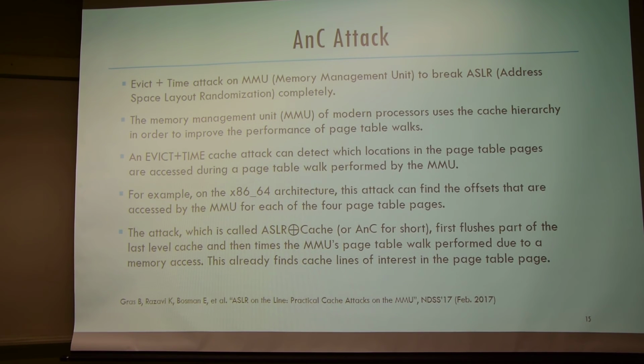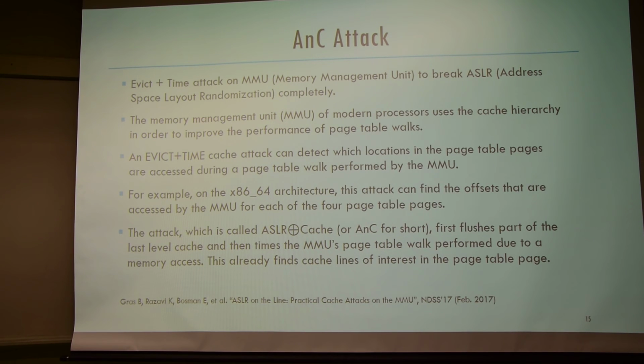Do you still remember address space layout randomization? Vaguely. It means that it randomizes the address translation from virtual address to physical address. So by this attack, they can figure out how the virtual address is translated to physical address.